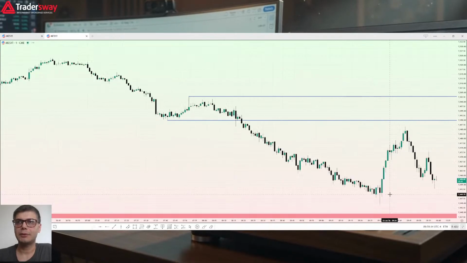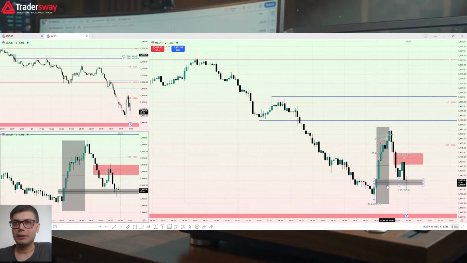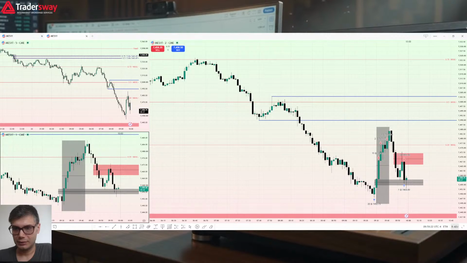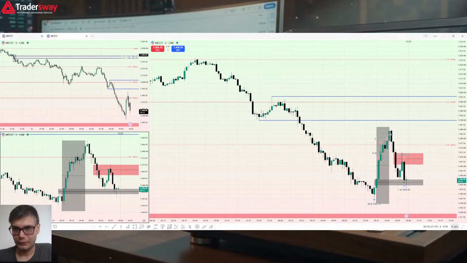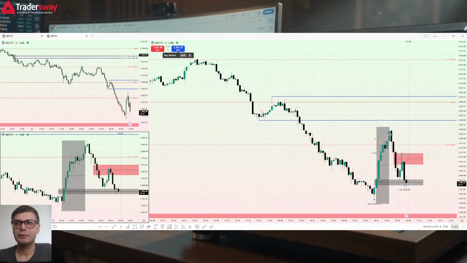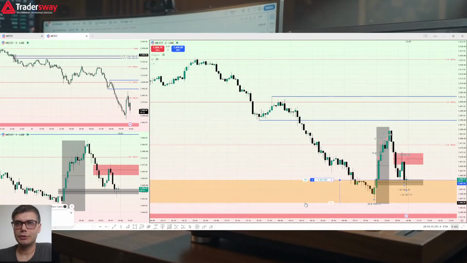All right, let's go to 1 minute. Okay, back to this fair value gap. I see sellers are absorbed completely in this candle. Let's see if I can add one position.